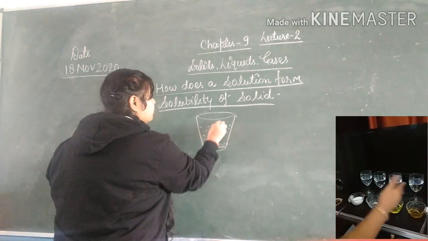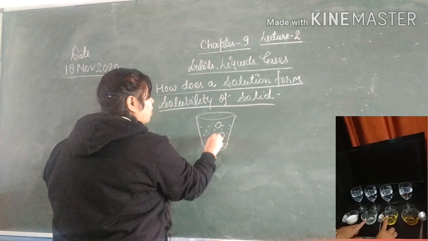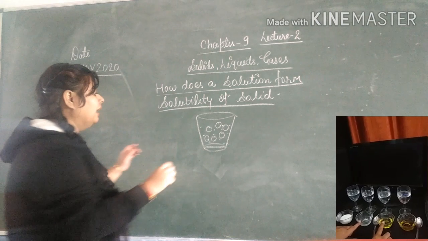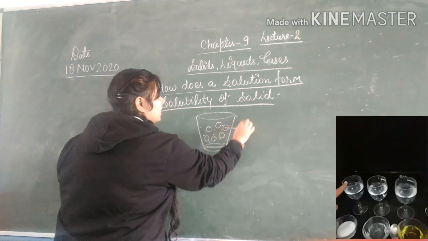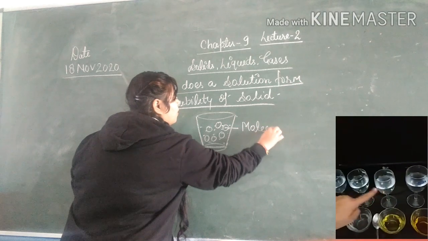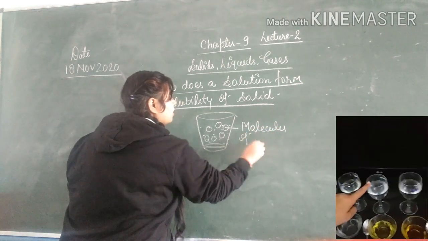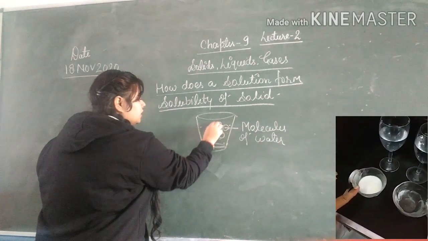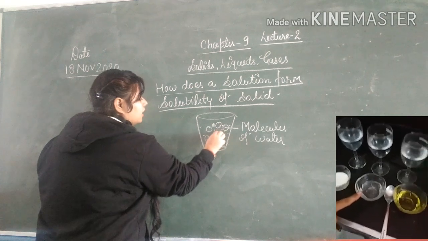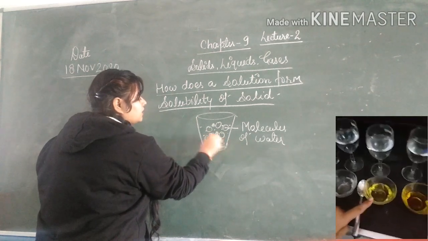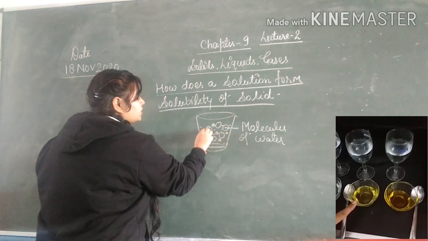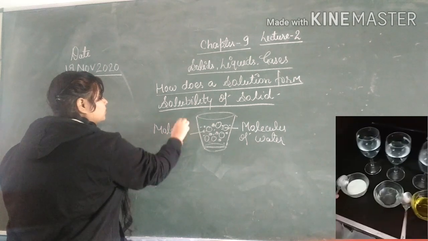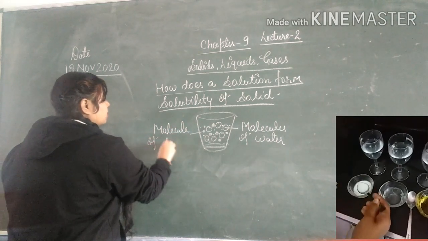In this diagram, the molecules of water are available, and this dark round structure is a molecule of solute.